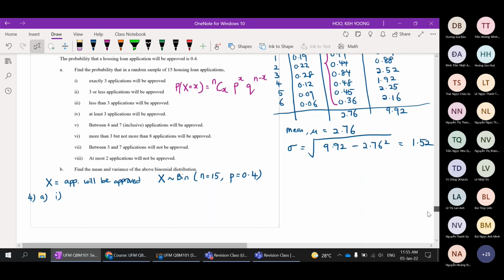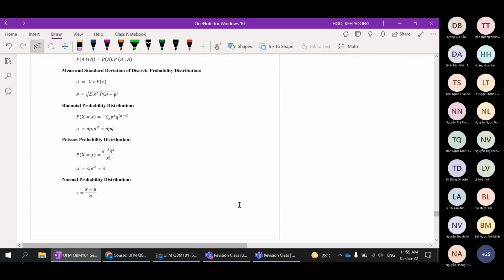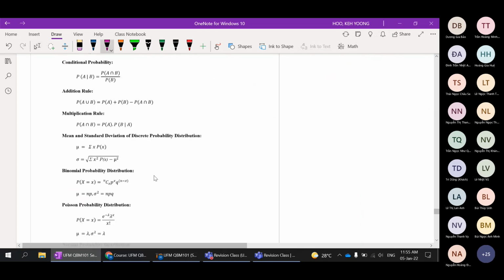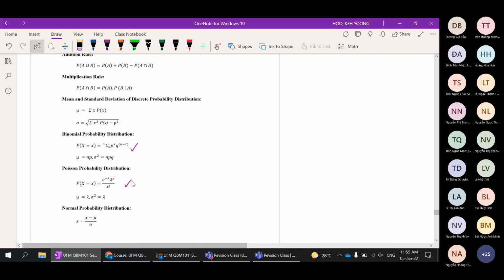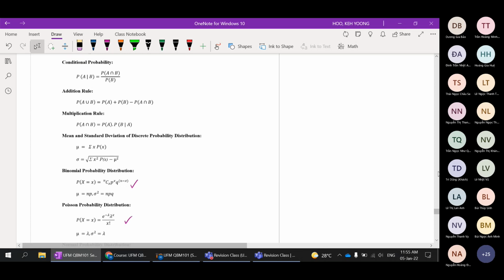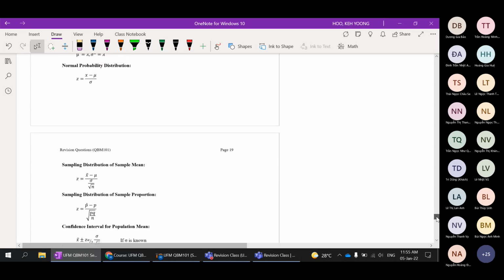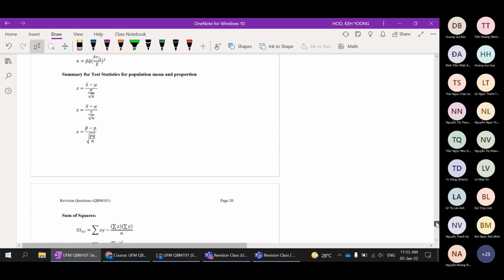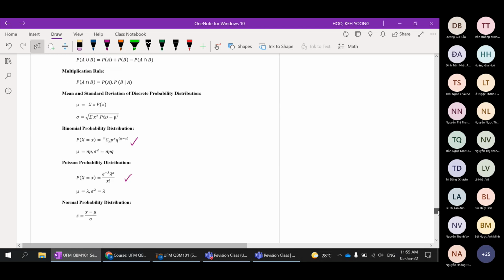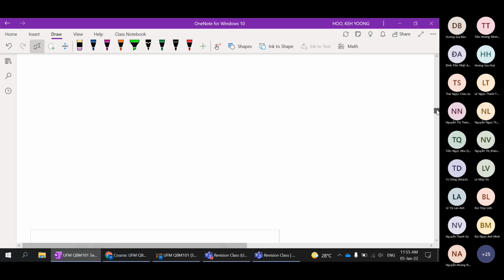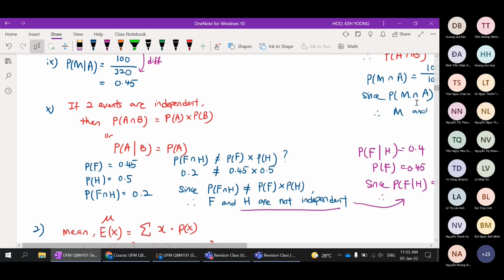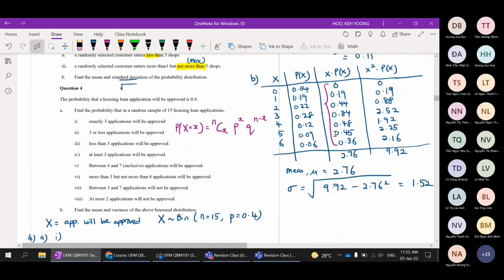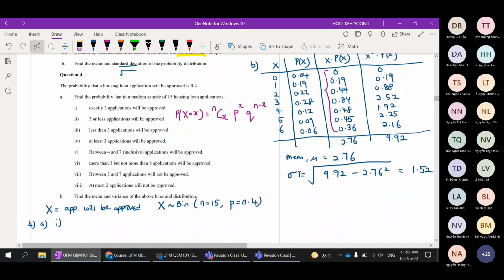You can see it in the last few pages. Poisson later on, you refer to this one. Most of the formulas you can find in these formula sheets, so whenever I write a formula, please refer to these last few pages.